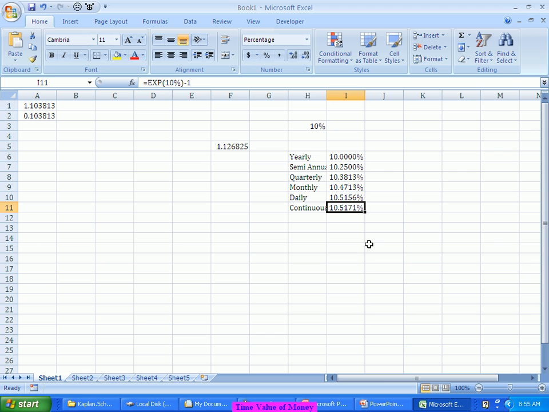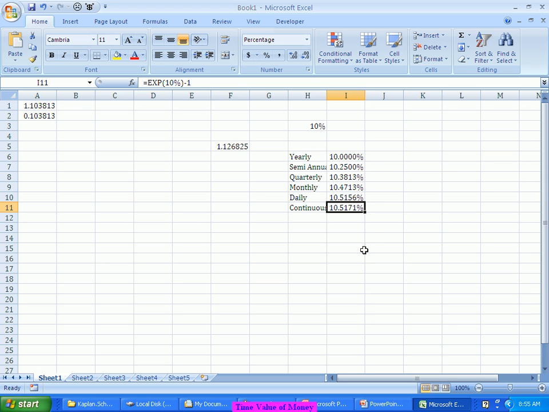The change is only by that amount of marginality. So whatever compounding you do, your effective return cannot be more than 10.5171%. When someone has quoted 10%, the highest possible return you may get is 10.5171%. That too if the compounding happens on a continuous basis.